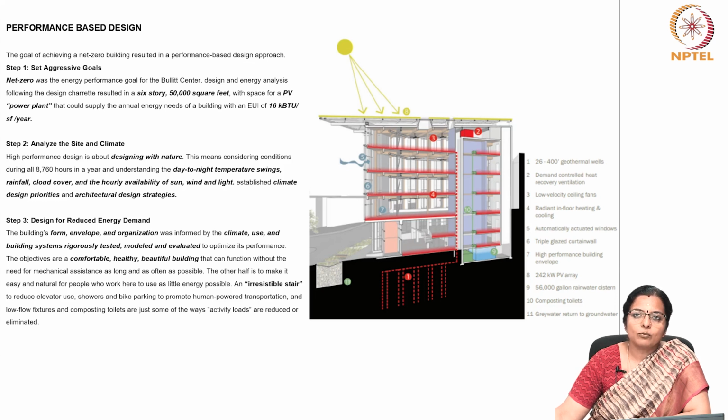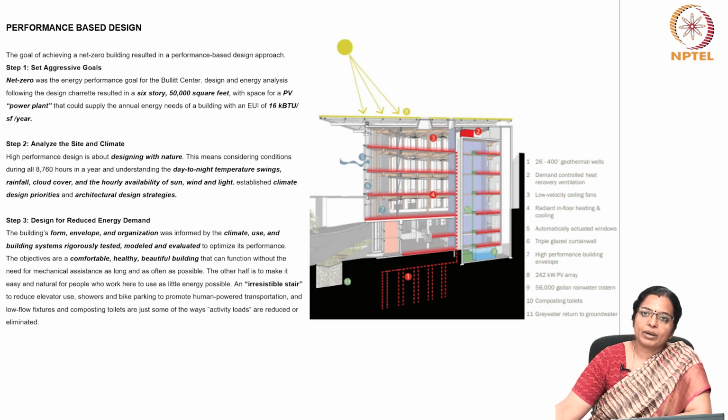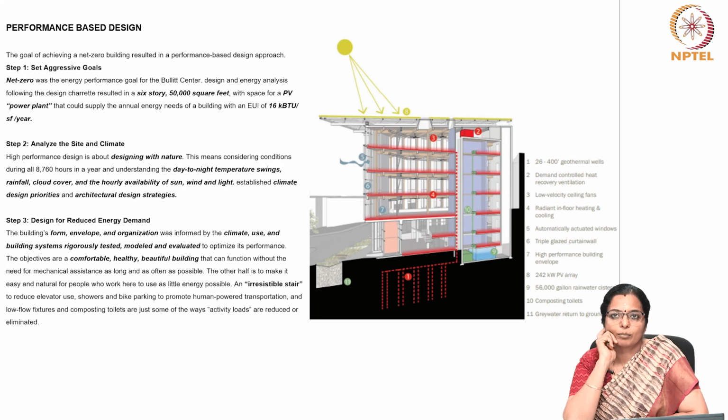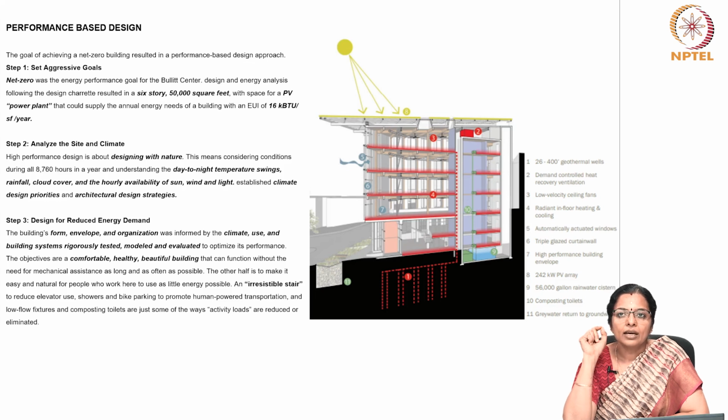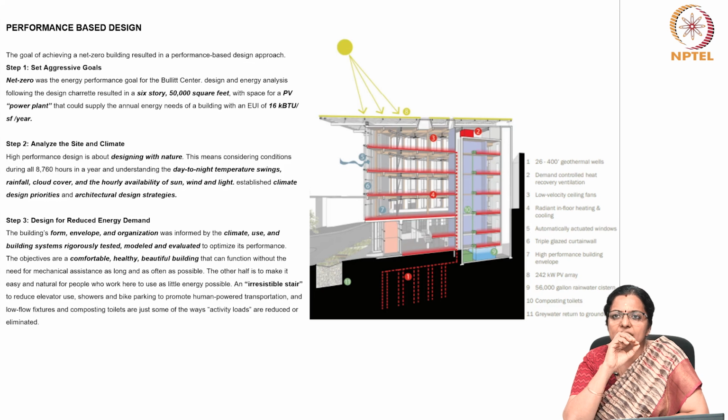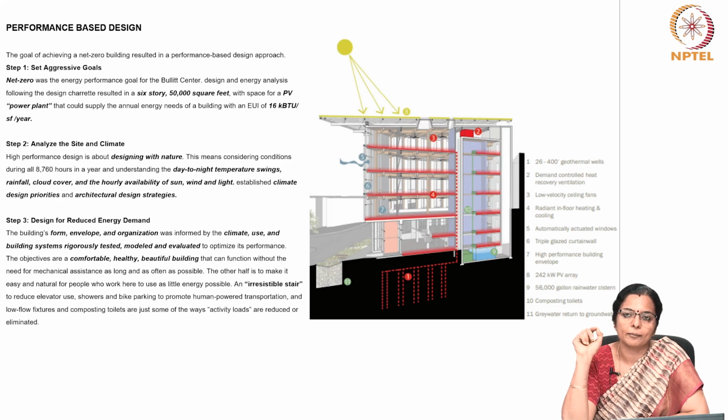And the second step was to analyze the site and climate. High performance design is about designing with nature. This means considering conditions during the 8,760 hours of the year and understanding the day to night temperature swing, rainfall, cloud cover, and every single climate parameter.